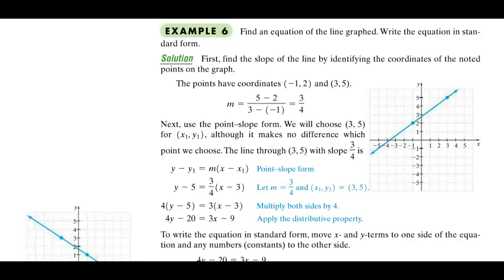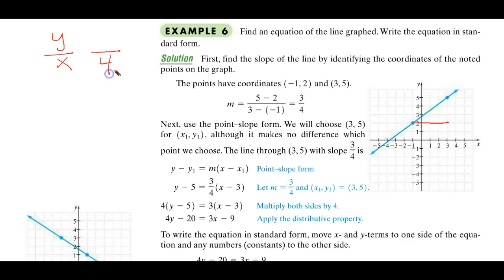And we had said you could also just pick the slope out from the graph. So how many units did we go over? Remember it's y over x. We went over 1, 2, 3, 4.